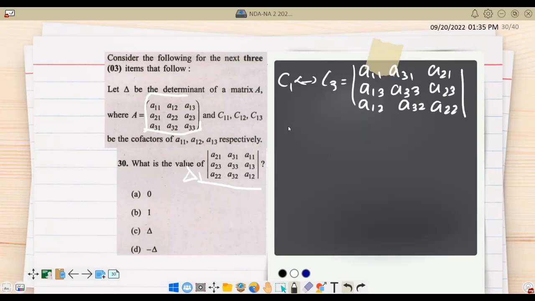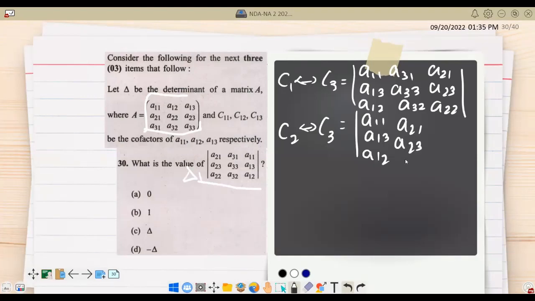Now I'll interchange column 2 with column 3. Now this will become A11, A13, A12 and A21, A23, A22, A31, A33, A32. After this single change, the determinant value will become minus del 1. And after this change, the minus sign gets a plus sign because of the sign change, so it will become plus del 1.